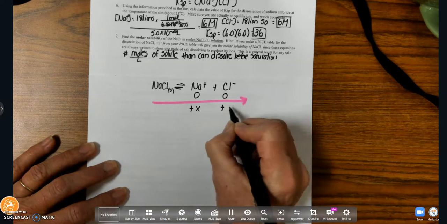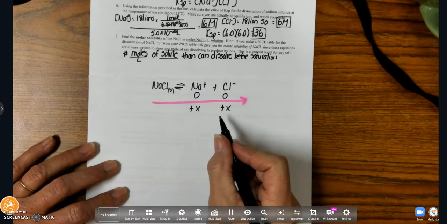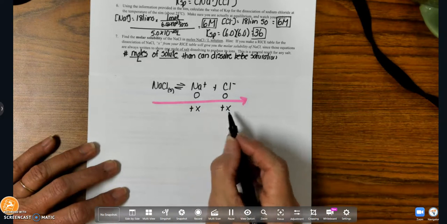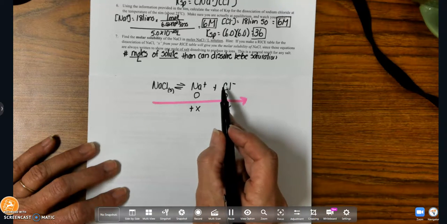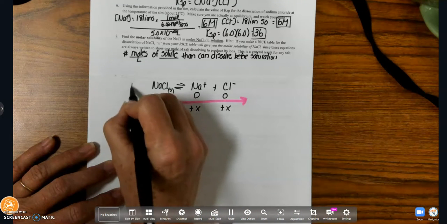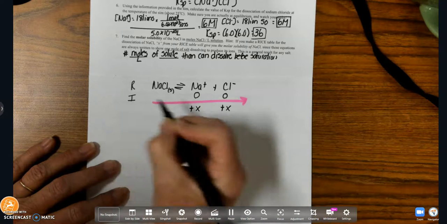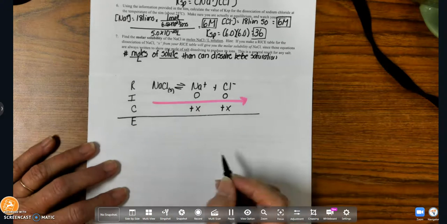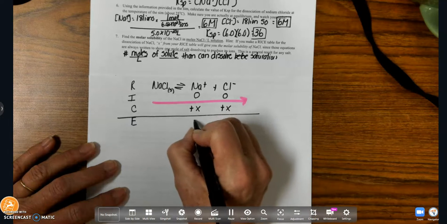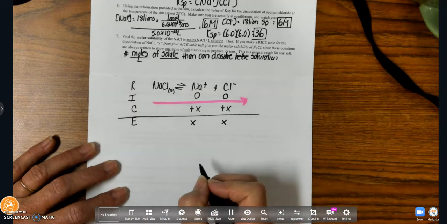My change is X. That's going to be our molar solubility, so I'm going to start calling it that. My molar solubility is X. I have no coefficients here, so I am done. So this is R, this is I, C, and now let's draw our line, and we have E. So this is going to be X, and this is going to be X.